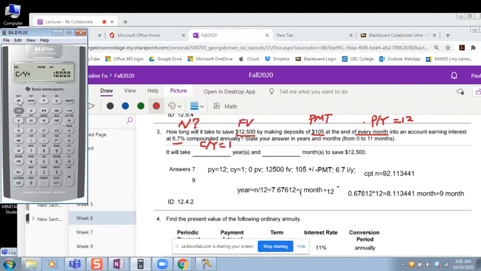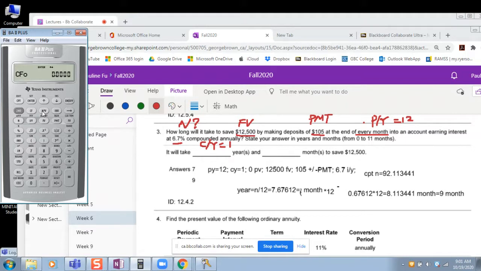Second, quit. And now 12,500, that is FV. 105 negative, PMT. 6.7, that is IY.